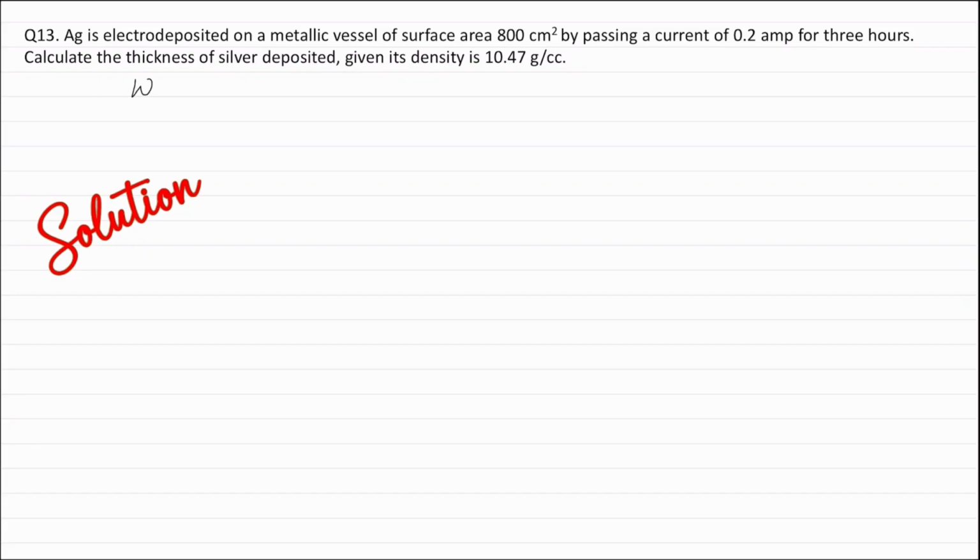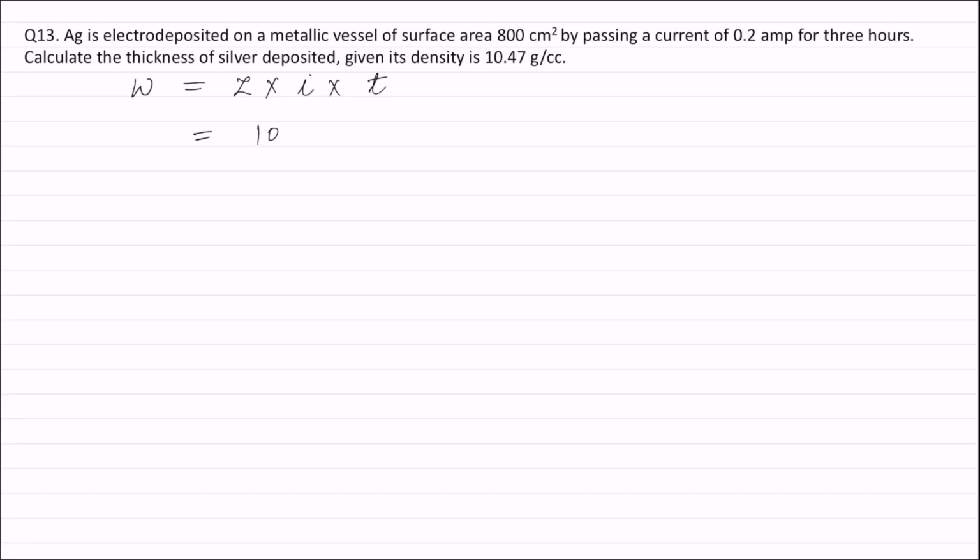Now weight of silver deposited is equal to Z into I into T. The value of Z is equal to equivalent weight of silver, that is 108, divided by 96500 coulombs, into the current, given as 0.2 amperes, into time, given as 3 hours, which is also equal to 3 into 3600 seconds.